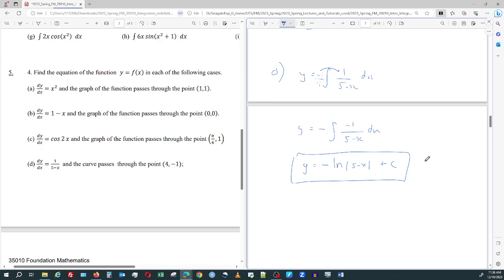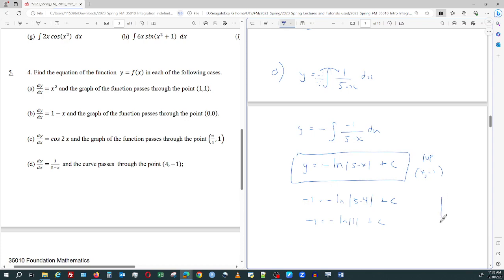Okay, and we're being asked to find our initial value problem where x is 4 and y is minus 1. So we simply substitute those back in, and we'll end up with minus 1 is equal to minus the ln of 5 minus 4 plus c, which is minus 1 equals minus the ln of 1 plus c.